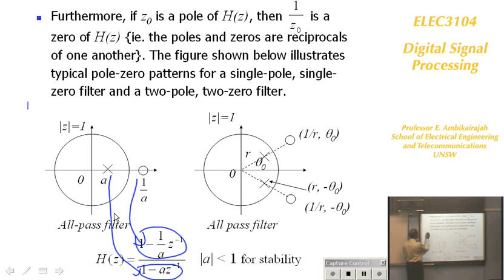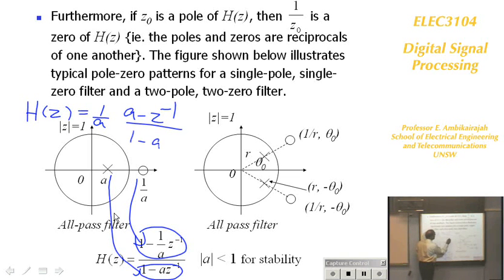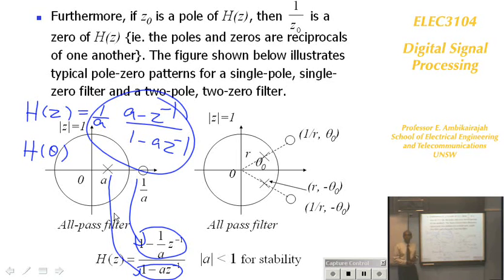From this equation, H of z is equal to 1 over A times A minus z to the minus 1 divided by 1 minus A z to the minus 1. Go and find out H of theta for this. You will find that it becomes 1, which means it passes all the frequencies.